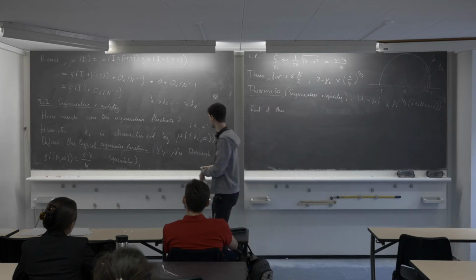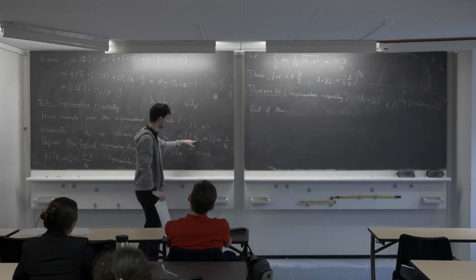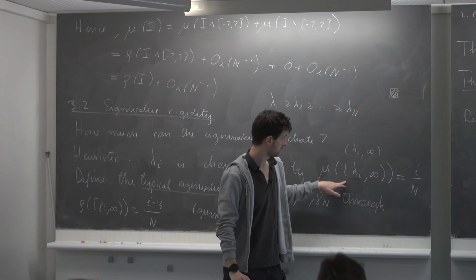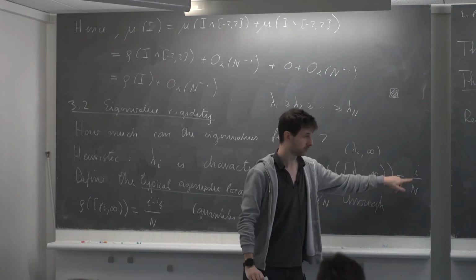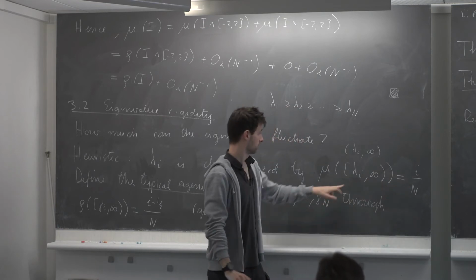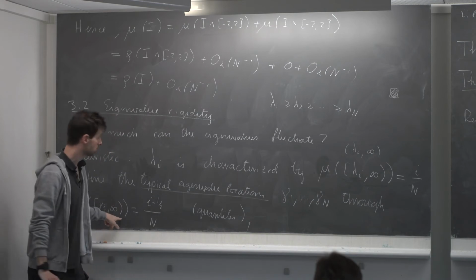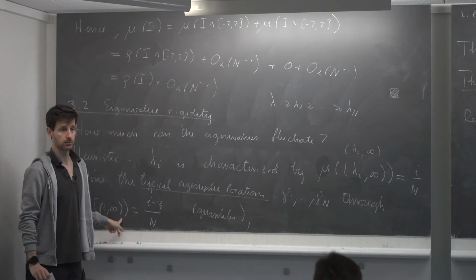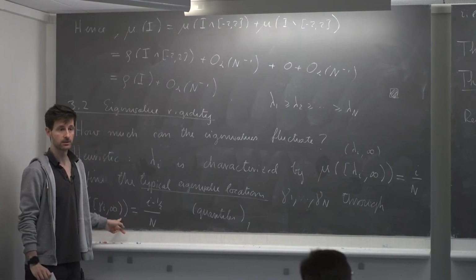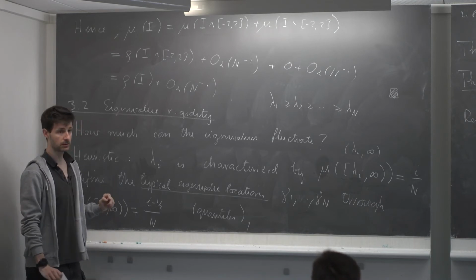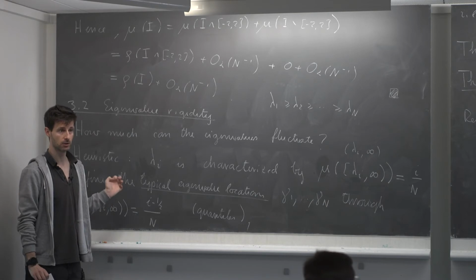Then if lambda 1 were in the Andromeda galaxy, this measure here would be 1 over n for lambda 1 at any number here which is huge, and this measure would be 0, but this is compatible with what we just proved. So what we just proved cannot tell you anything about the location of the largest and the smallest eigenvalues.